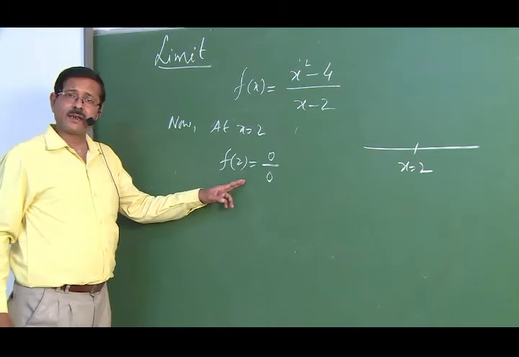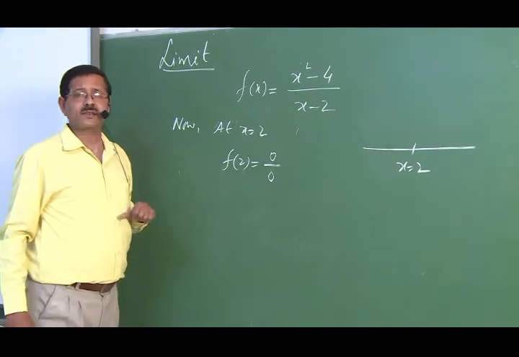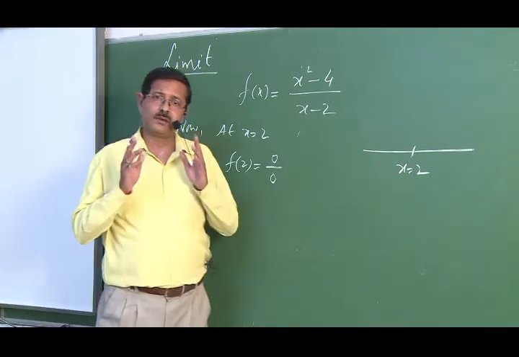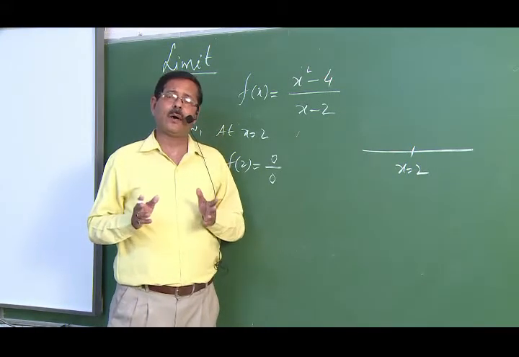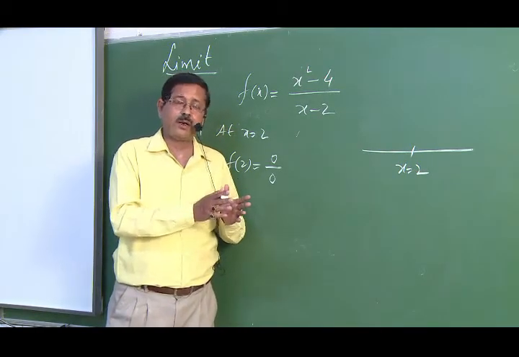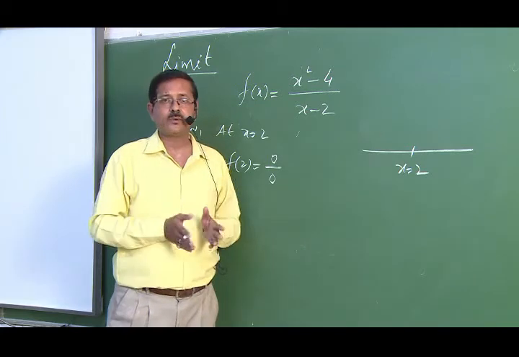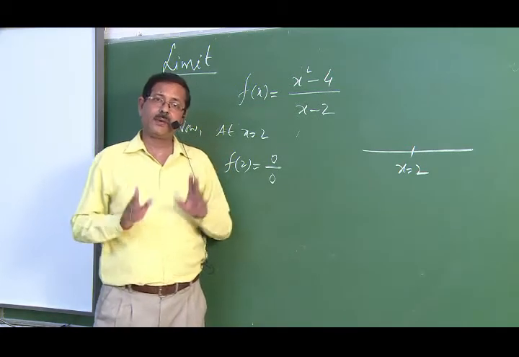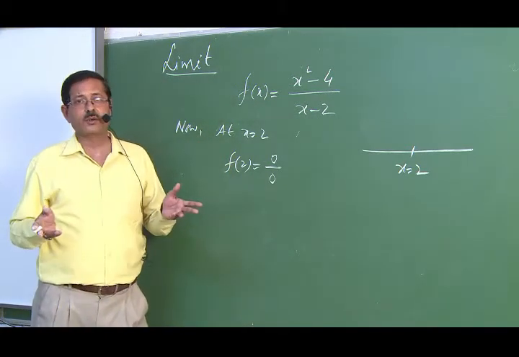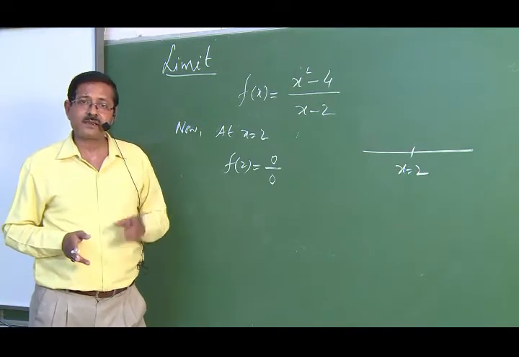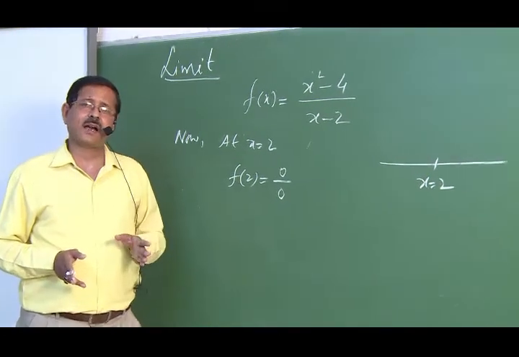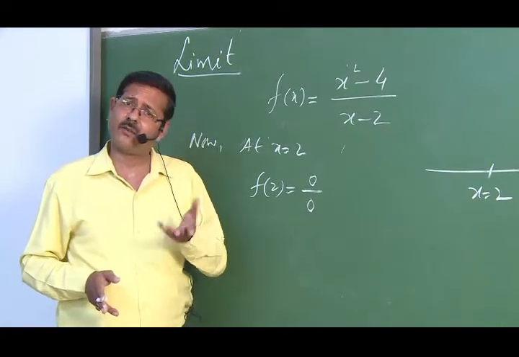Why is it a meaningless expression? In previous classes, you already discussed that the product of two numbers is unique, addition of two numbers is unique, multiplication of two numbers is also unique, and division of two numbers is also unique. These are the uniqueness laws of mathematics.